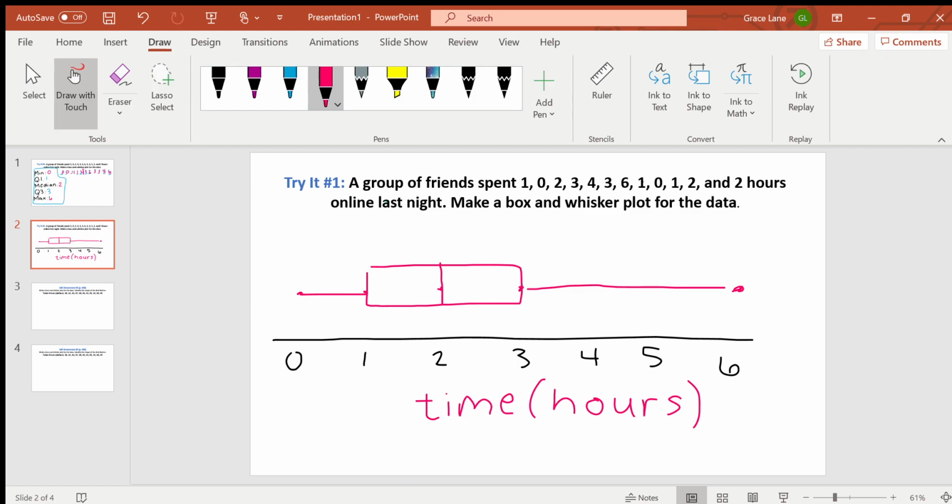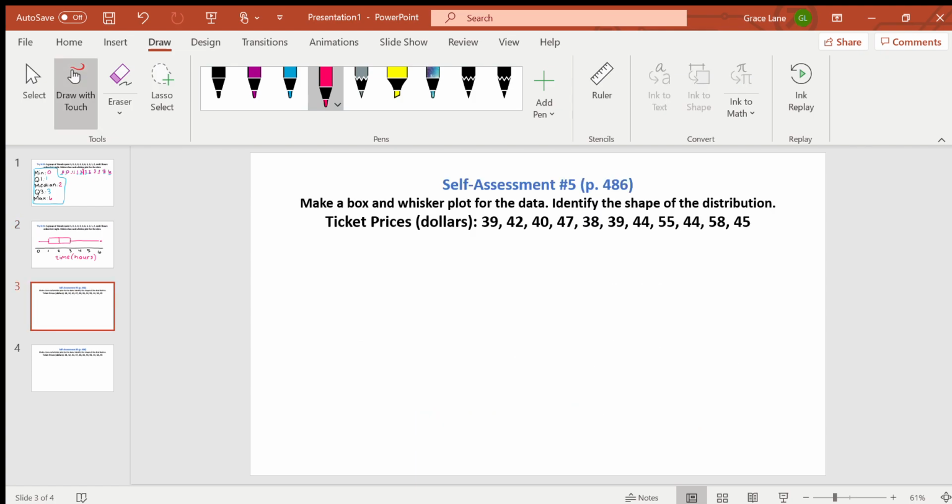If you're looking in your book, on page 486, it's number 5, and we're talking about ticket prices. Again, first I would list out the 5 numbers that you need to find.